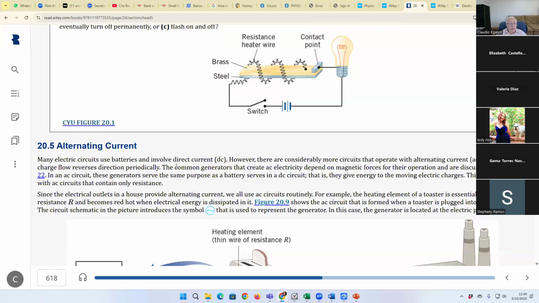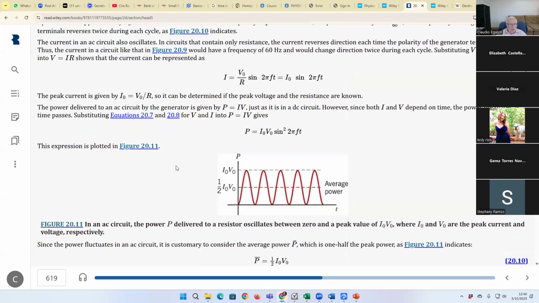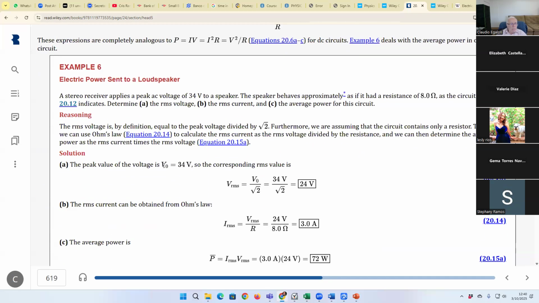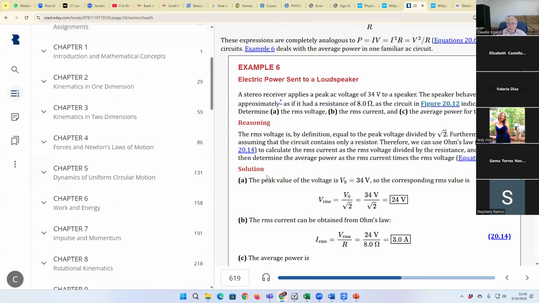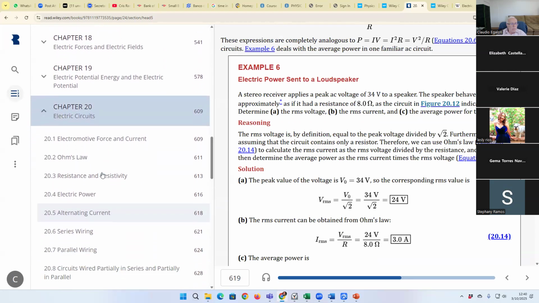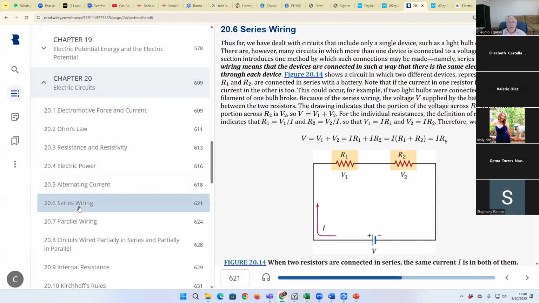Alternating current. He likes to cover alternating current at this point. I prefer to cover it later on. This is chapter 20. Electric power, then series wiring. Okay, I'm doing that. Series wiring.